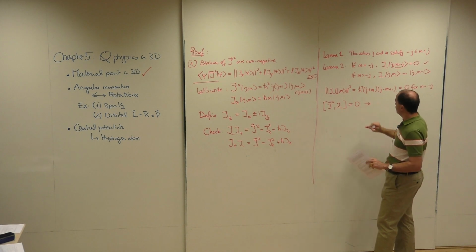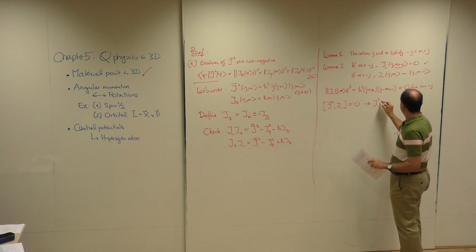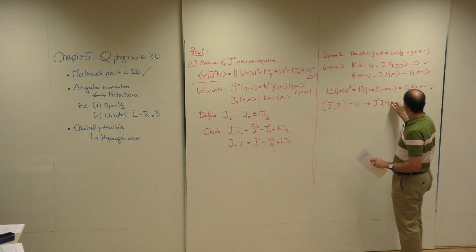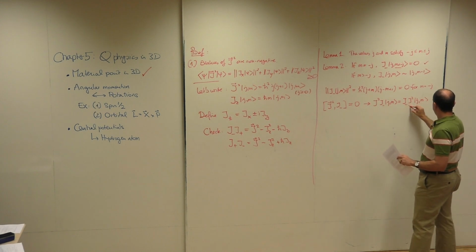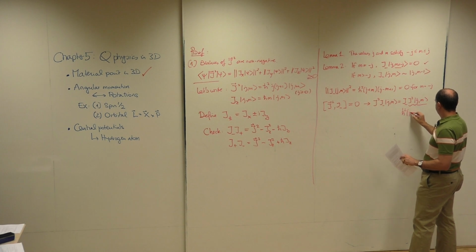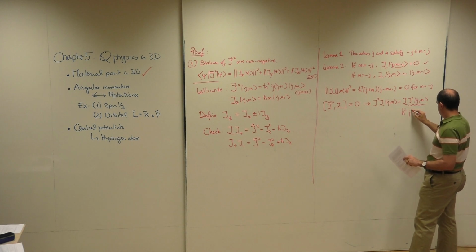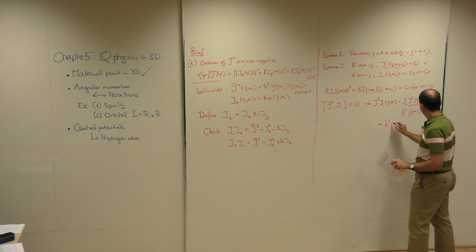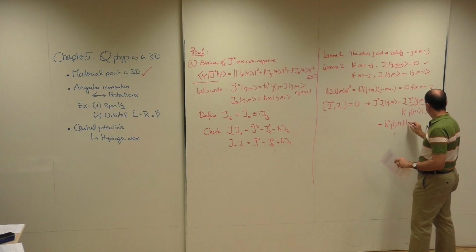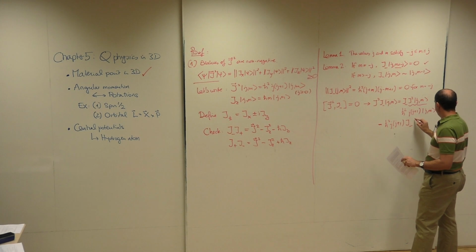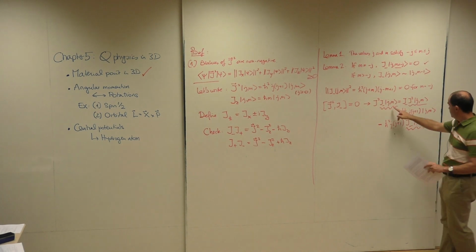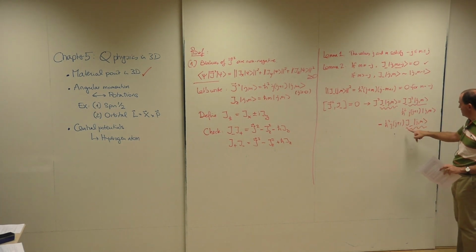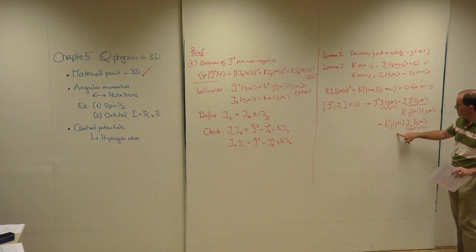So therefore, j square on j minus jm, it commutes, is j minus j square on jm, but this, by definition, is h bar square j plus 1 jm, so the whole thing is h bar square j plus 1 times j minus jm, and so we have that j minus jm remains an eigenvector of j square for the same eigenvalue.